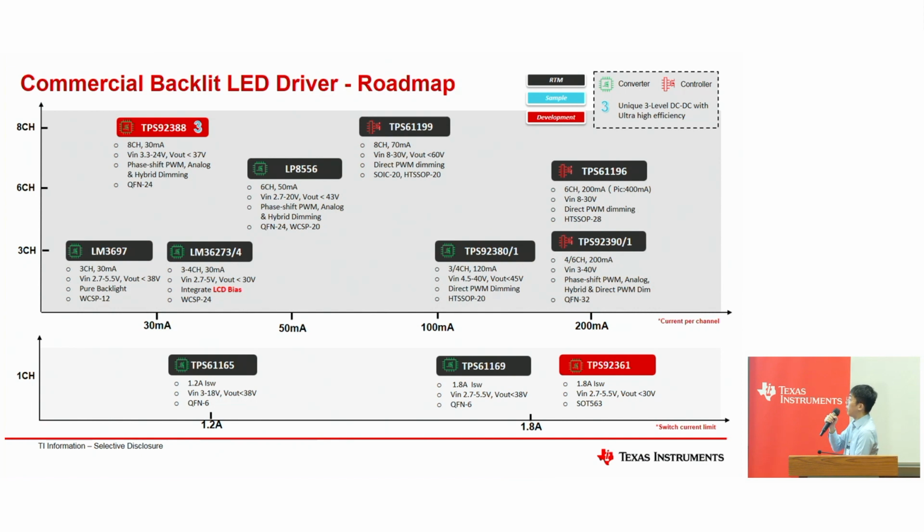The 611 part is a boost that still has a power diode in the external circuitry, so the efficiency needs some improvement. That's why we are releasing the TPS92361 as the next generation, to have some major advantages.